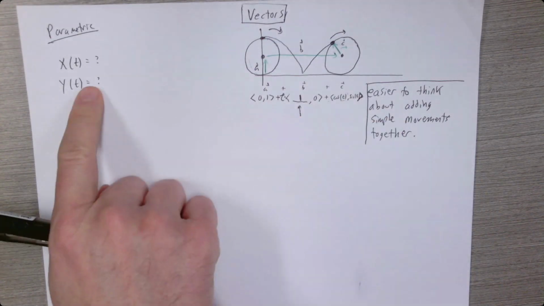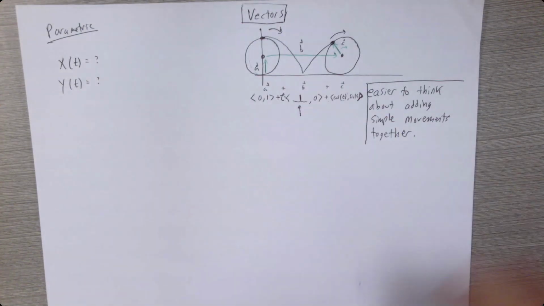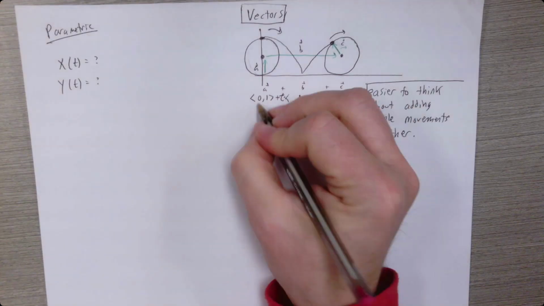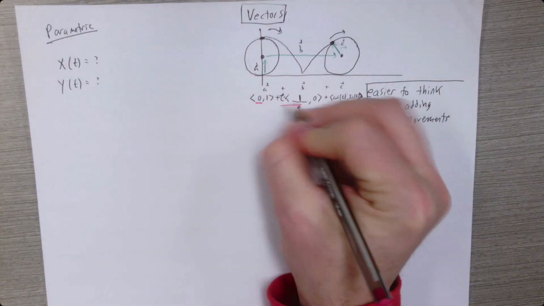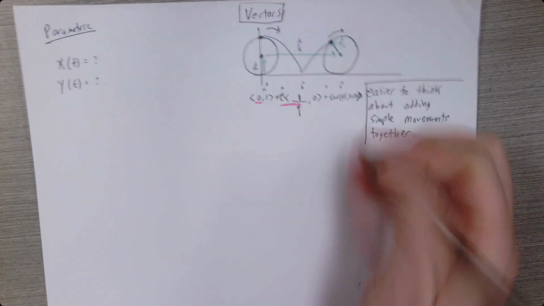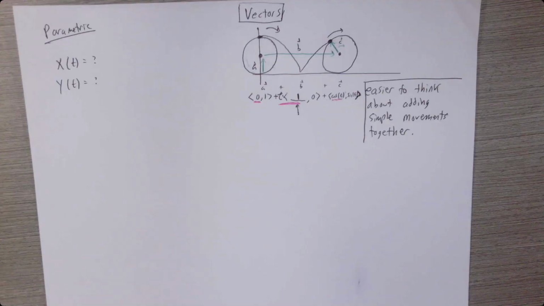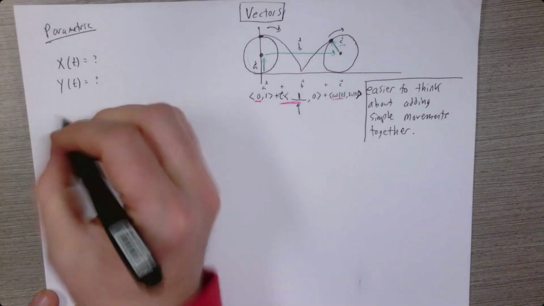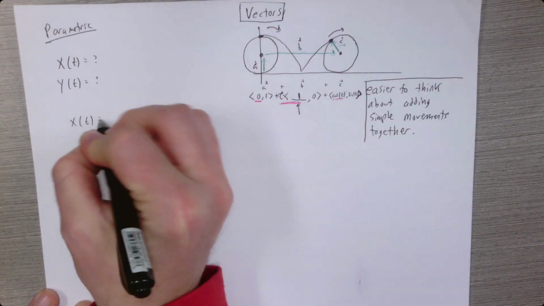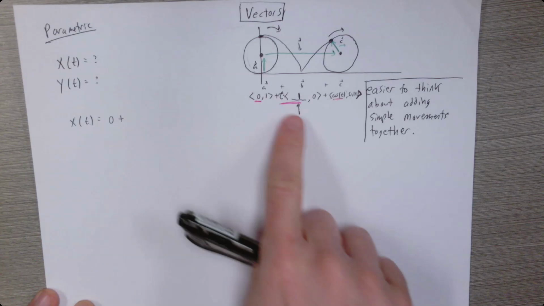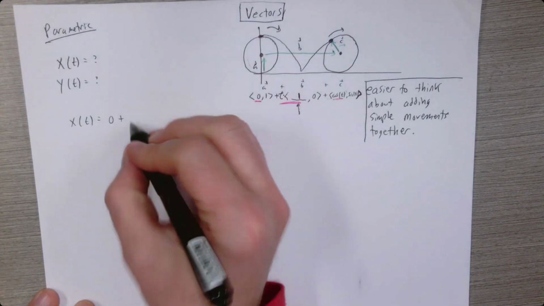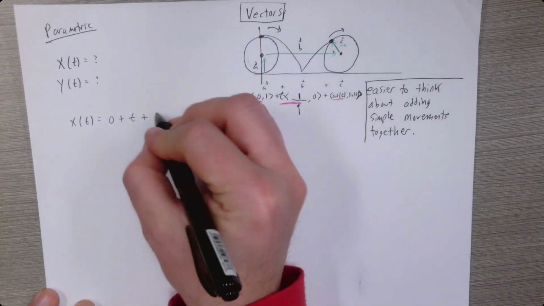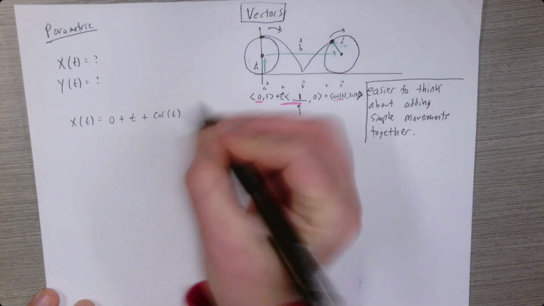If I wanted to package it parametrically, we can just take all of the x-coordinates. So here's 0, here's t times 1, and here's cosine t. So I'm just going to rewrite it here. So I've got 0 plus, I'm going to distribute the t in, so that'll be t, and then here I have cosine t.